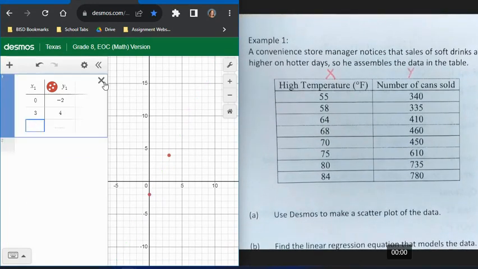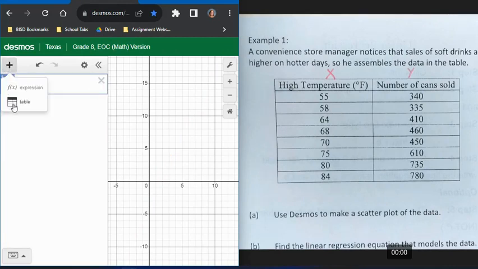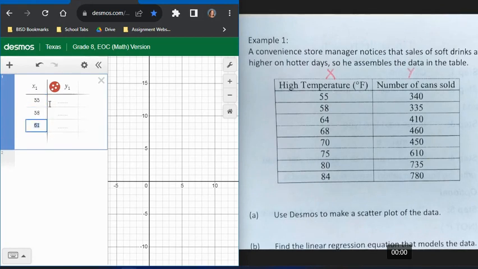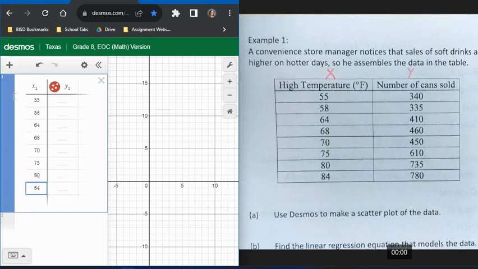Let's clear out what we have. Let's go to plus, table, and put in the data. Put in all the X values, double check them once you finish, and then put in the Y values.